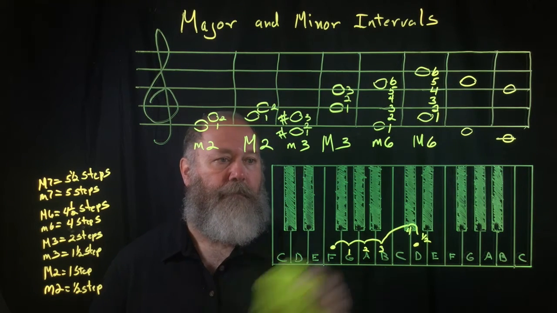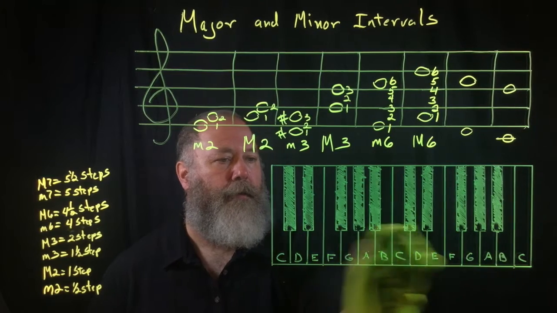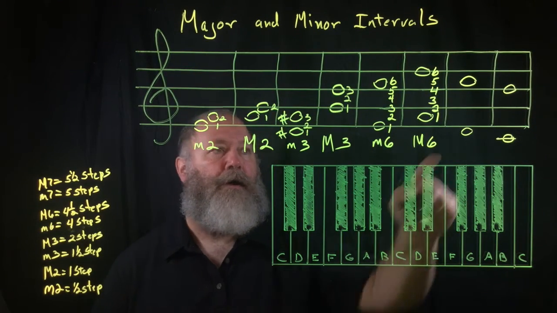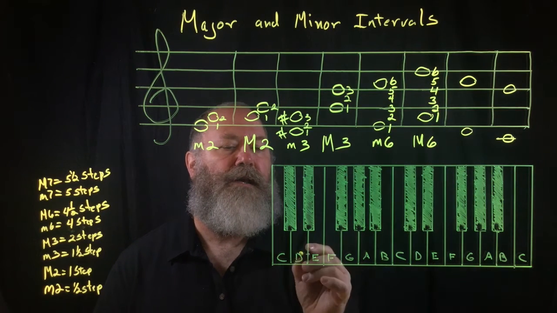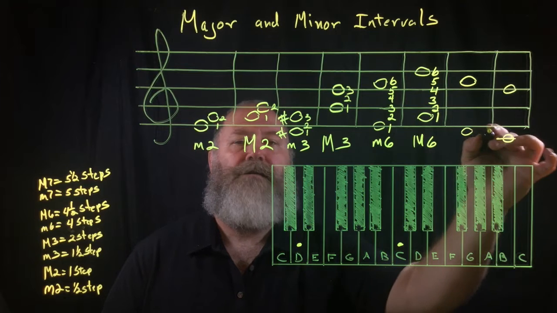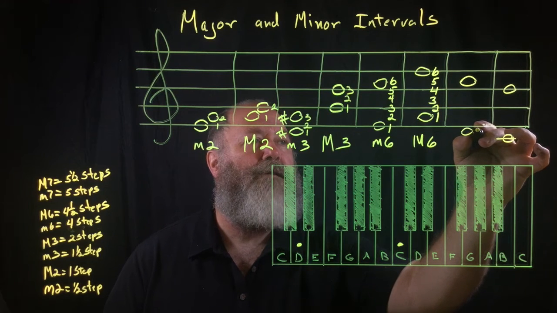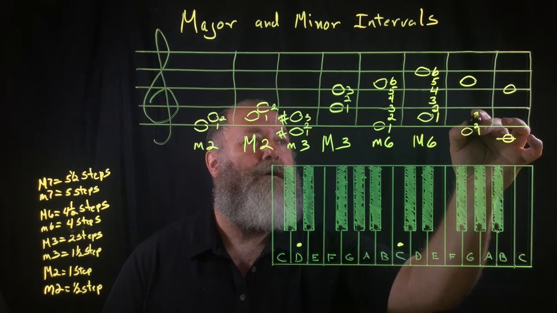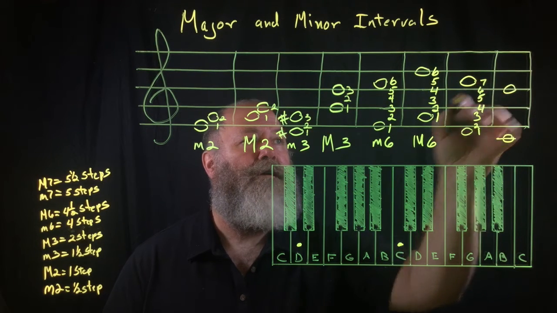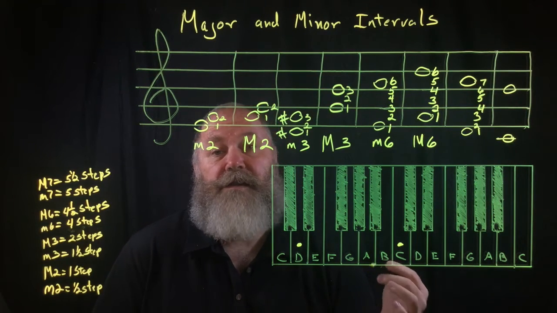Okay. Let's look at our next example. Our next example goes from D to C. So here's D, here's C. Now let's count the lines and spaces. 1, 2, 3, 4, 5, 6, 7. So it's some kind of a seventh.